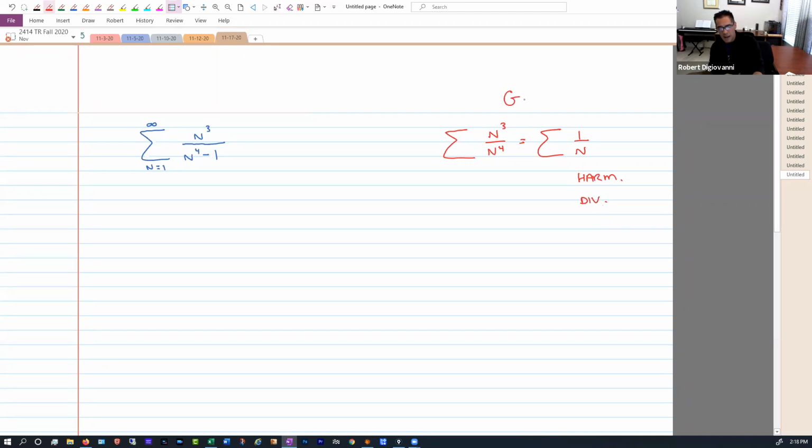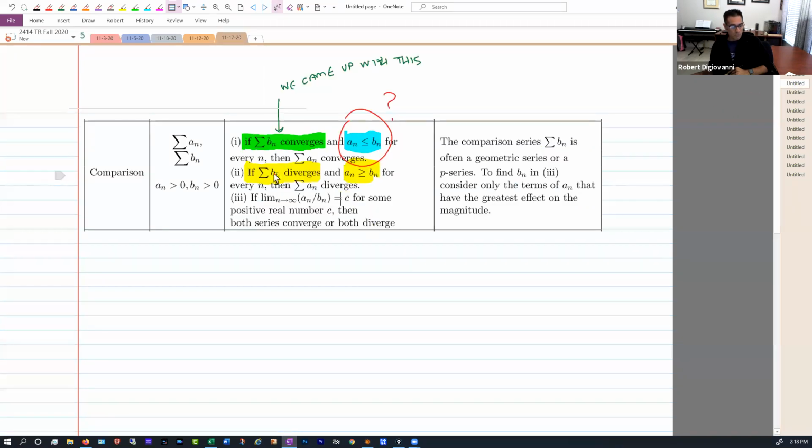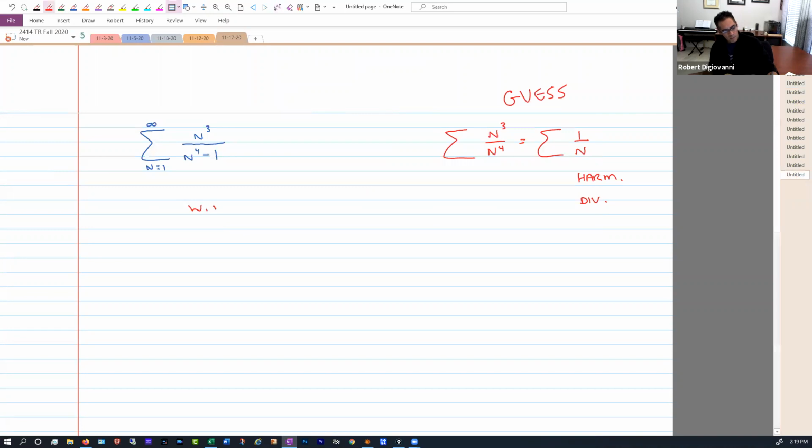Now remember, this is kind of a guess, everyone. I'm guessing as to what I want to compare it to, by looking at this and going, this is what I think it looks like. It's not a blind guess, right? It's an educated guess, but it's got to be something I know what it does. Now, what inequality must I show? Greater than, right? I need to show this inequality is true. So I want to show that n cubed over n to the 4th minus 1 is bigger than or equal to 1 over n.